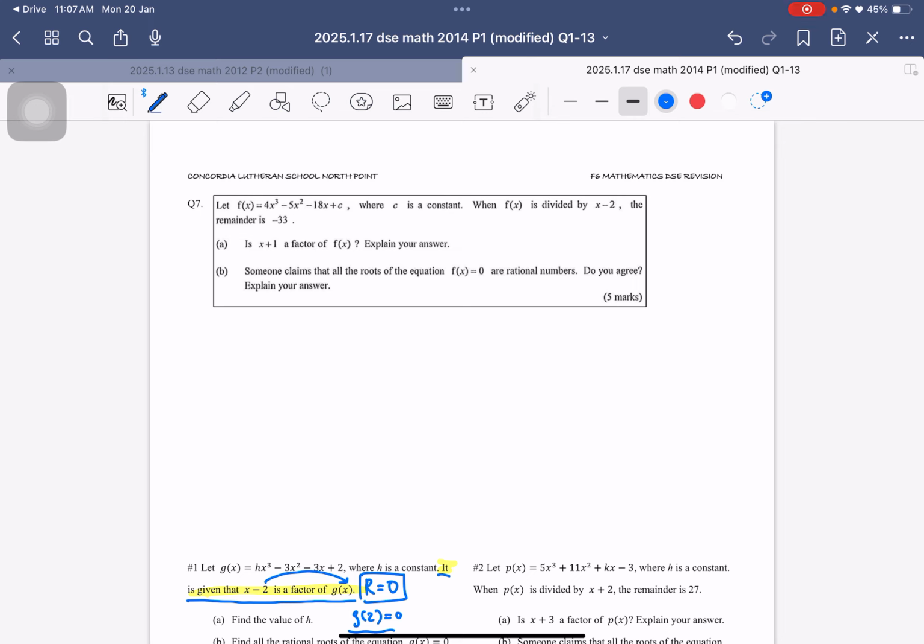For delta, when do you need to use delta? When you see the discriminant. You need to say "consider delta". We consider delta equal to b squared minus 4ac. You can't say delta equal to 0. What's the meaning of delta equal to 0? Double root. Okay?